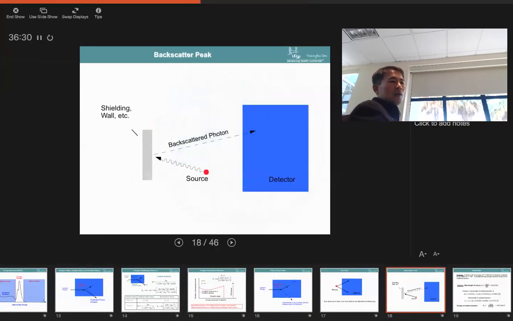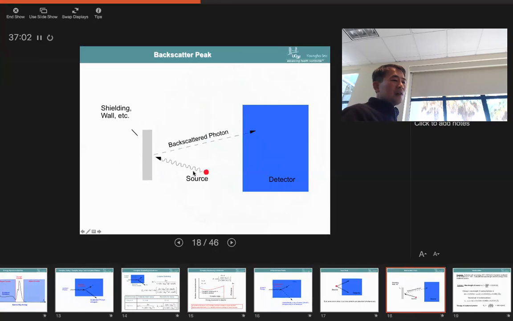Now there's one more that I want to talk about before going back to the energy spectrum again. Backscatter is happening when the source, a radioactive source, is emitting some gamma ray. Of course, we want to detect radiation from the source with the detector. But you cannot actually have just vacuum between source and detector. There should be some material around it. The source is usually contained, and the detector is usually contained by some other material.